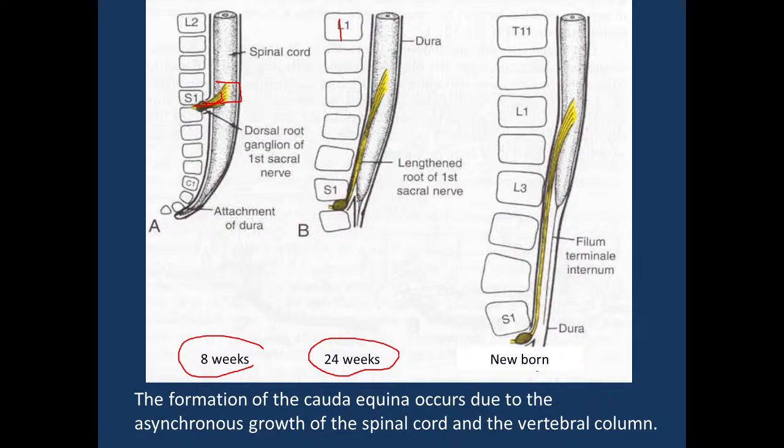So the formation of the cauda equina occurs due to the asynchronous growth of the spinal cord and the vertebral column. In a newborn, you see that the conus medullaris is at the level of the third lumbar vertebra, but in adults, it is on this level.